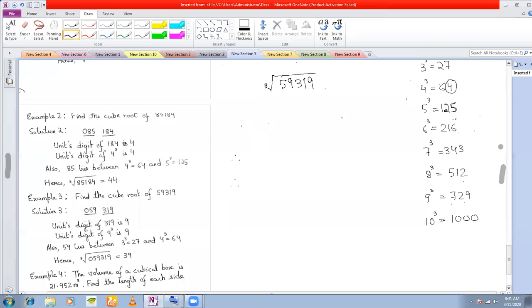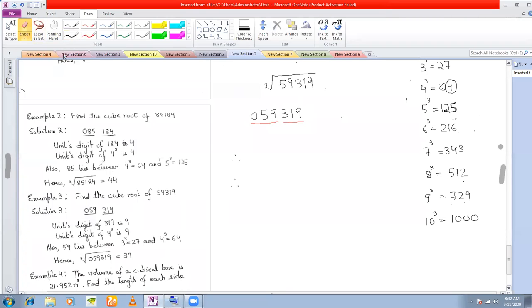Okay, 59319. We write and group the numbers first. So you start from this decimal point here and you group in threes. This is again 2 digits, so you add a 0 here and group it as 3 digits.